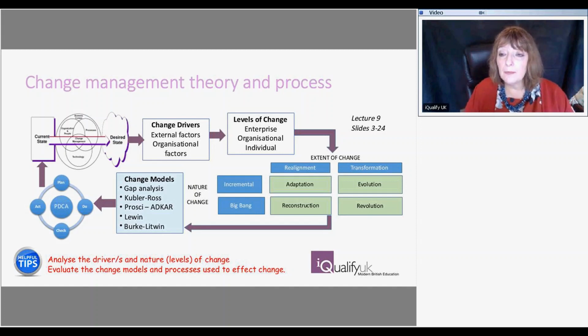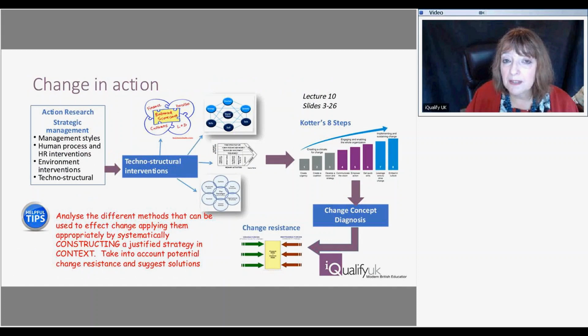So it will be a good idea for you to have a look at that in the context of the business you've chosen and examine the change models and processes and see how they could be adapted to the company of your choice.